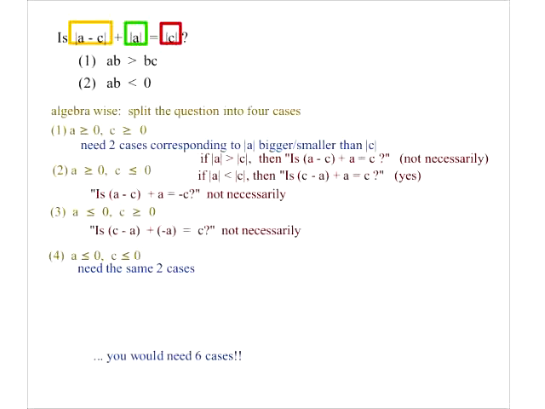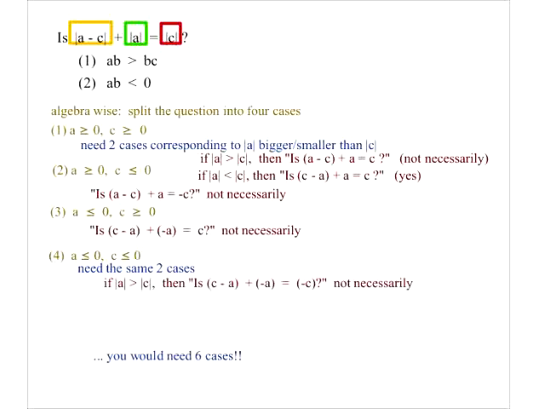And then here again, if absolute value A is bigger, then you get, if these are negative, then that means C minus A plus negative A equals negative C. That's not necessarily.